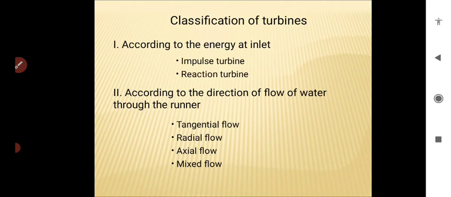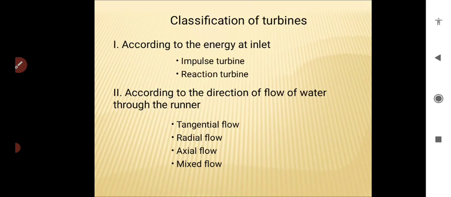Examples of inward radial flow turbines are the old Francis turbine, Thomson turbine, etc. And the second one is the outward radial flow turbine. In this turbine, the water flows radially through the runner from inwards to outwards. An example is the Fourneyron turbine.